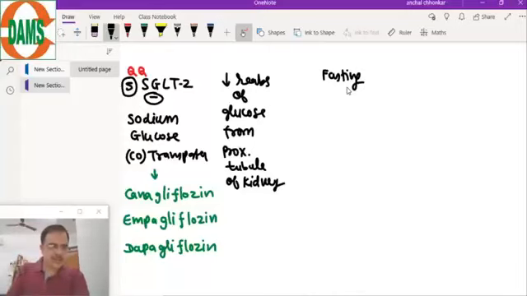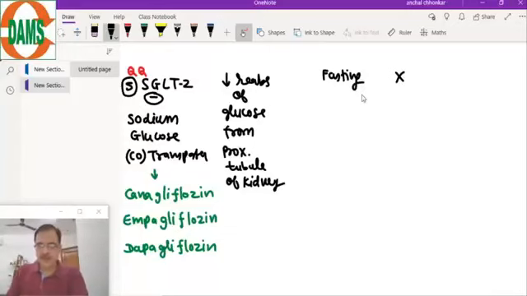There is excretion of glucose from the body. So this is the fasting sugars. Now the chance of hypoglycemia: there is no chance of hypoglycemia with these drugs.